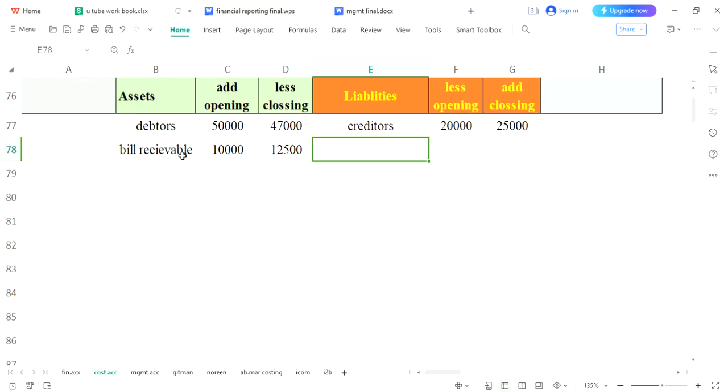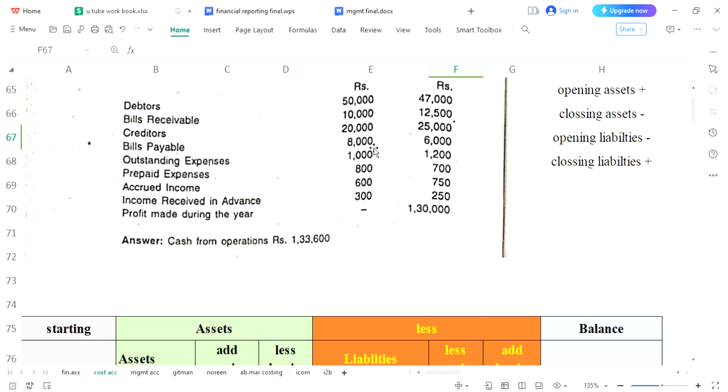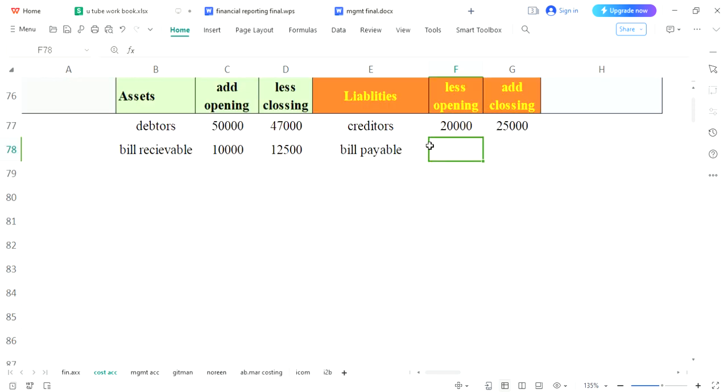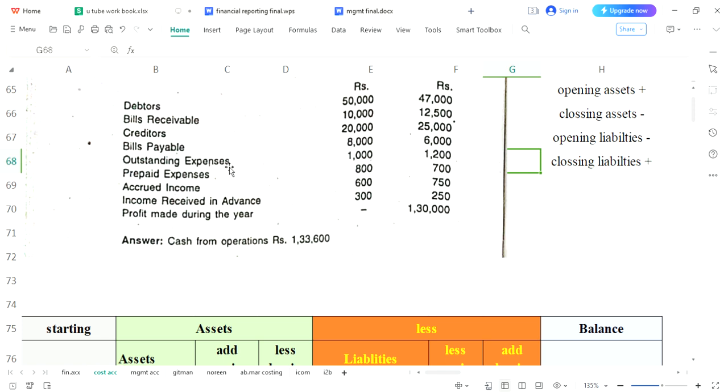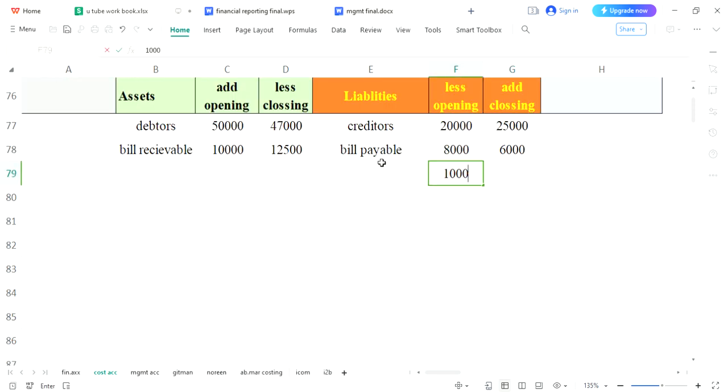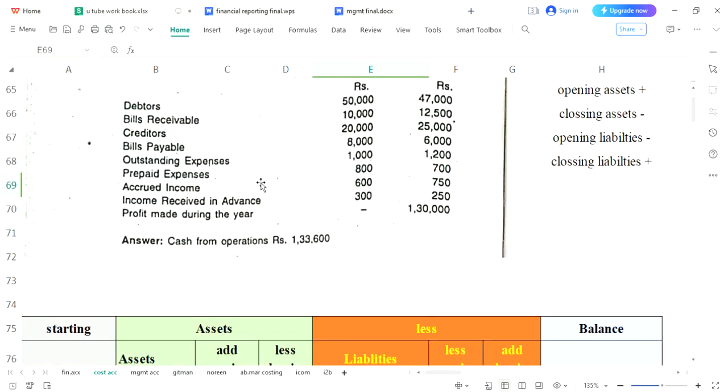Next is bills payable. You will write bills payable as it is a liability, and you can see bills payable opening 8,000 and 6,000. Then we have outstanding expenses, which is a liability, 1,000 and 1,200. After which we have prepaid, 800 and 700.